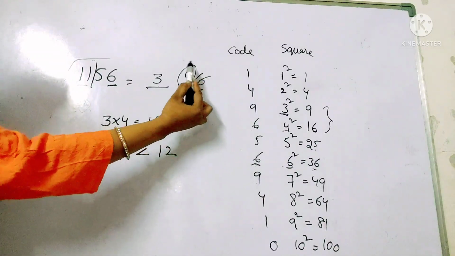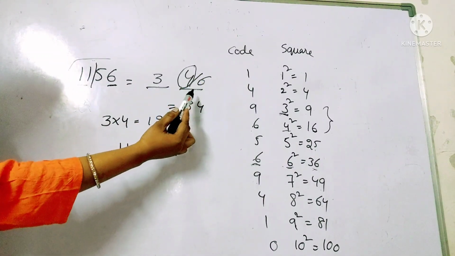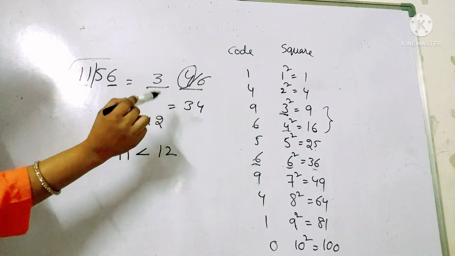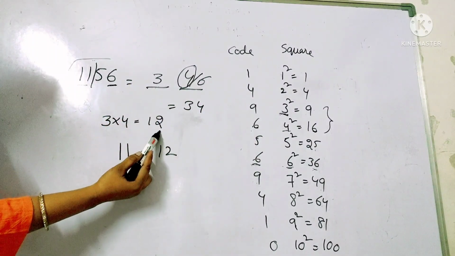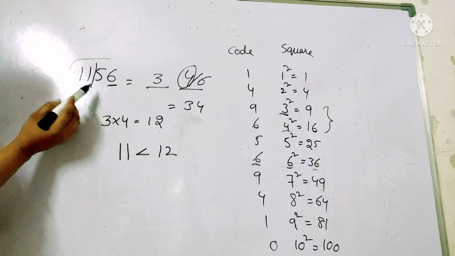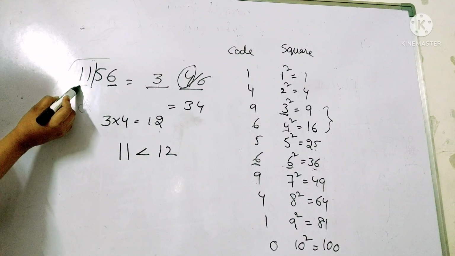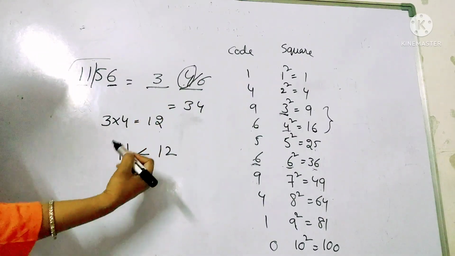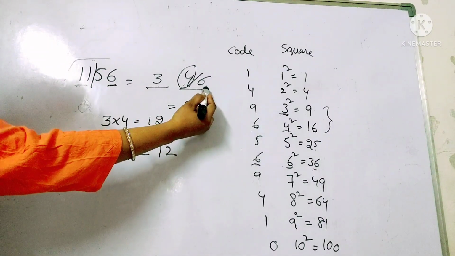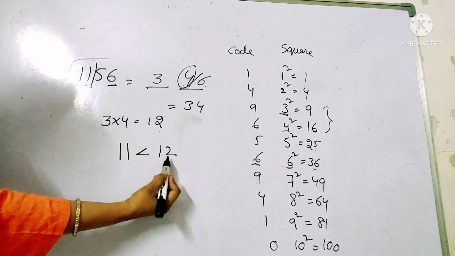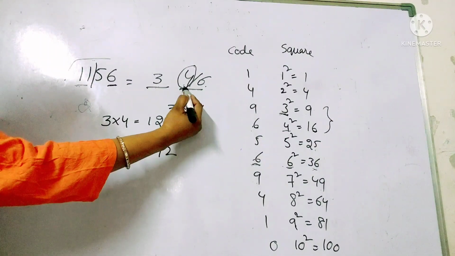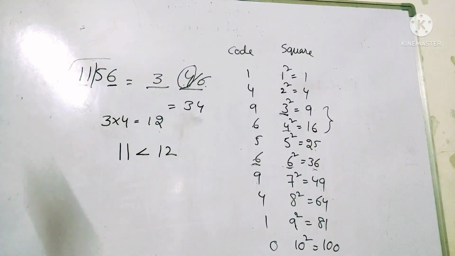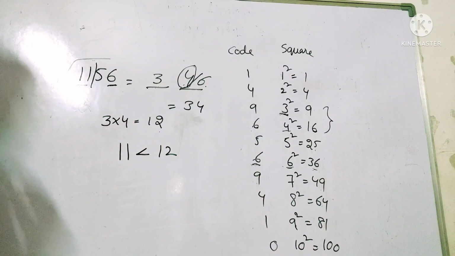And among these two, which one is going to come in the answer, how to check? This 3 multiplies with the next number, that is 12. Then compare these two. Is this 11 greater than 12 or less than 12? If it is less, go for the smaller number. If it is greater, then you have to go for the next number. So here 11 is less than 12, so we have taken 4. So 34 is the answer for 1156.